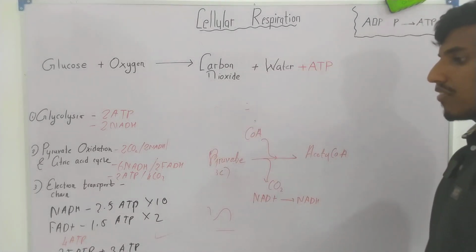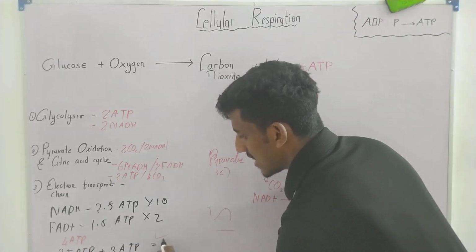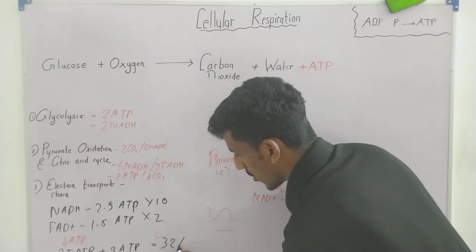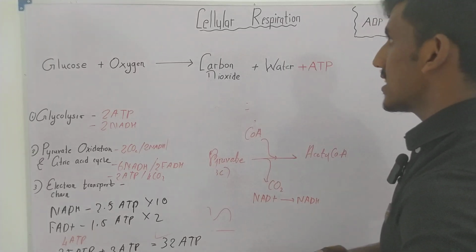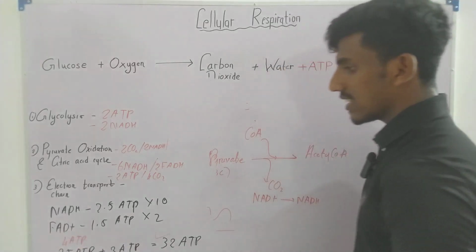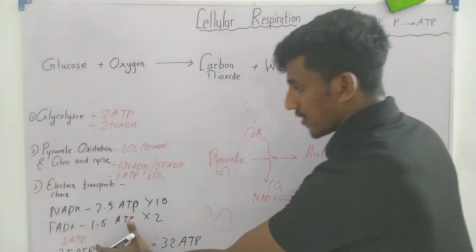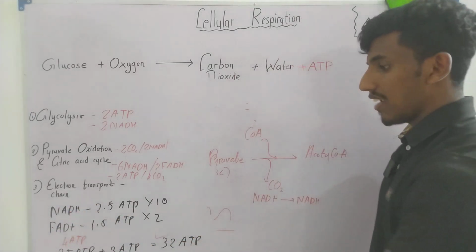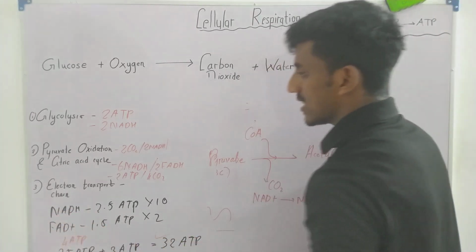So totally we can produce around 32 ATPs using a single glucose molecule. So, that's all about cellular respiration. And another thing is, as you can see, we have produced 4 ATP without using NADH and FADH, and we have produced 28 ATPs using FADH2 and NADH.